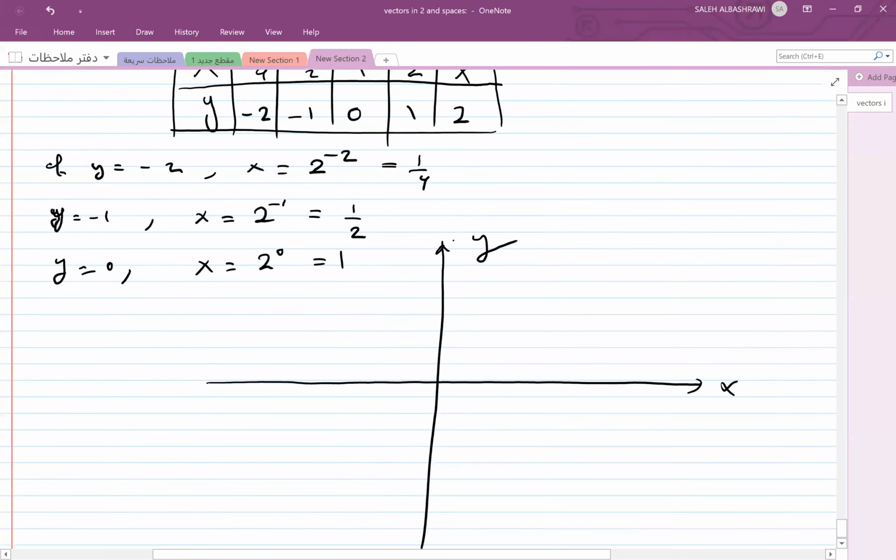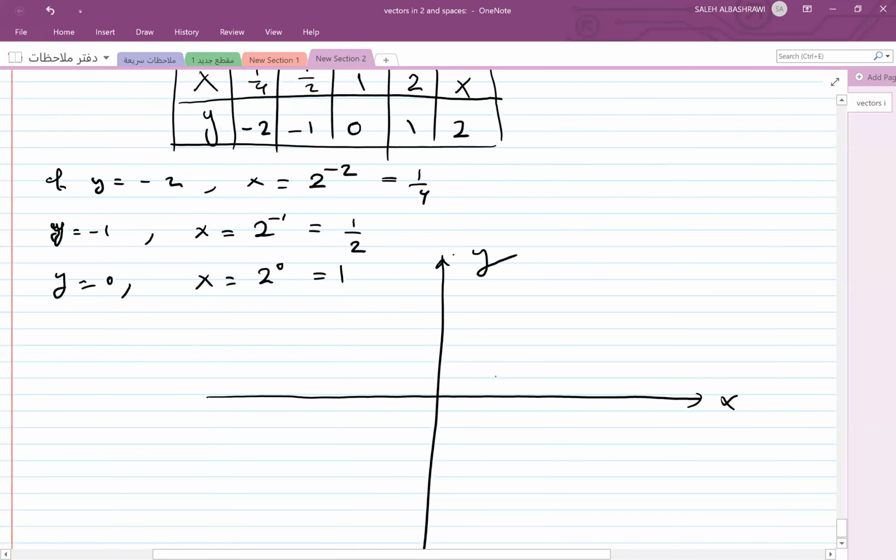And the points are, first one is 1/4 and -2.